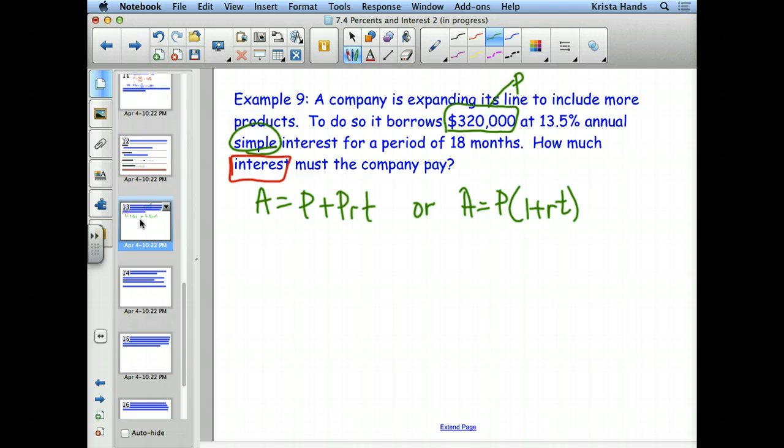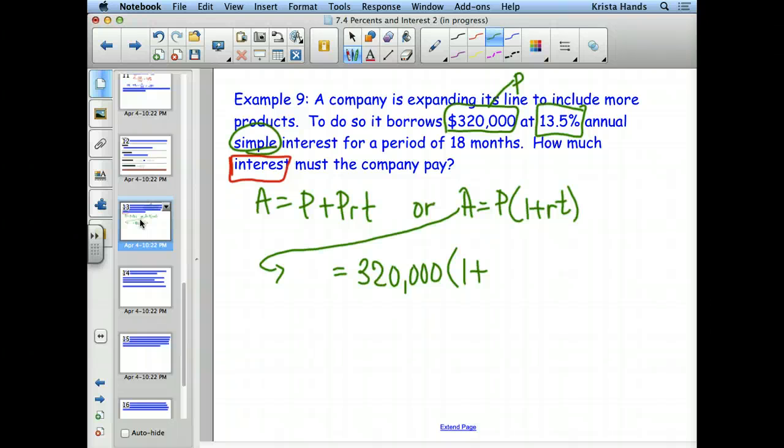All right, so my principal in this case, I tend to use this particular formula when I work, but it doesn't matter. You can use whichever one you like. It's $320,000. The next piece of information in my word problem is 13.5%. What is that? That's my rate, but in order to put it into the formula, it needs to be written how?